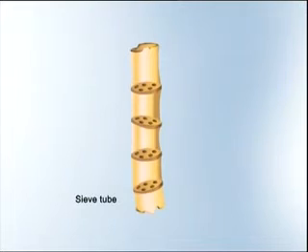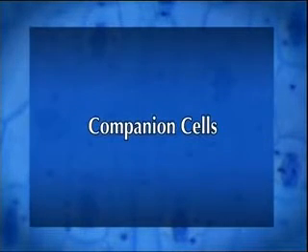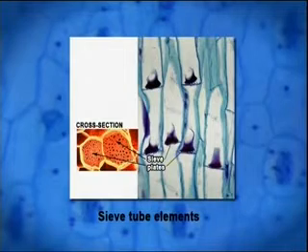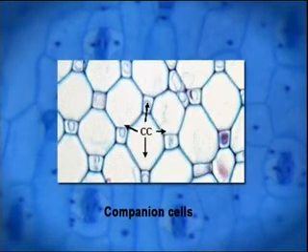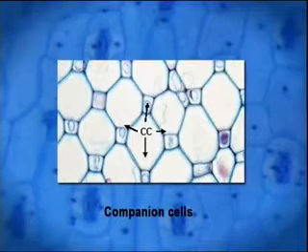Number 2 component of the phloem, that is companion cells. Each sieve tube element in angiosperms is accompanied by one or more, usually densely cytoplasmic cells called companion cells. The companion cells lie along the sieve tubes.